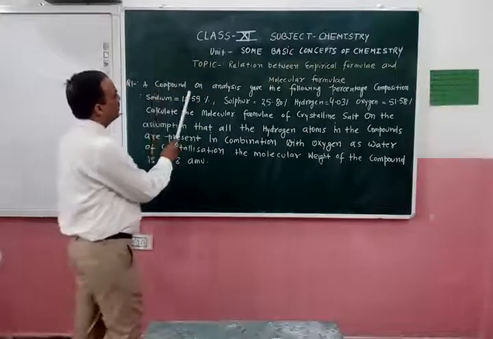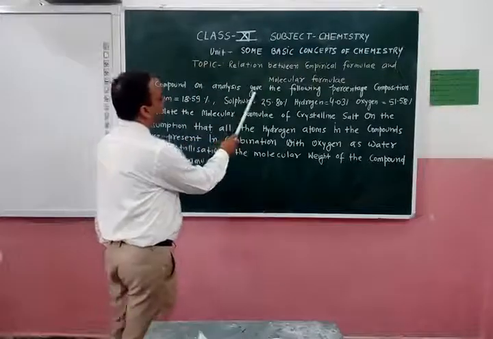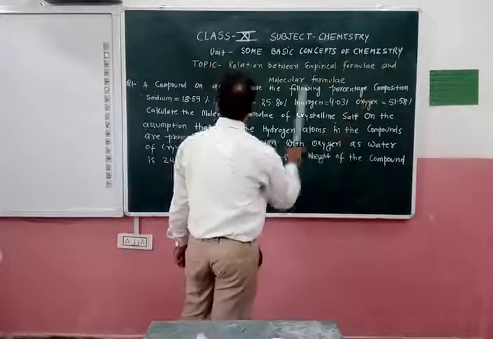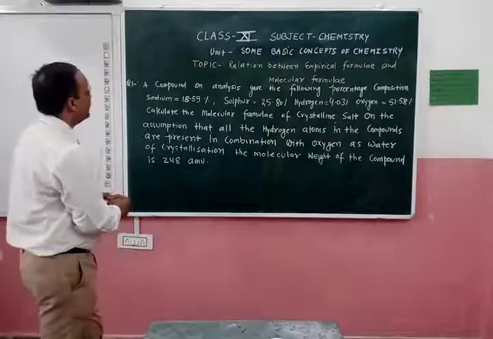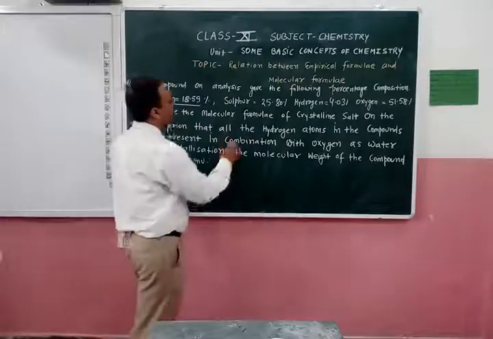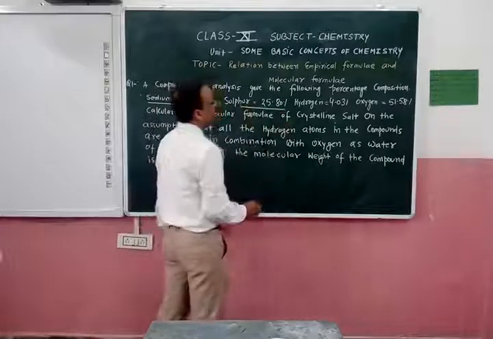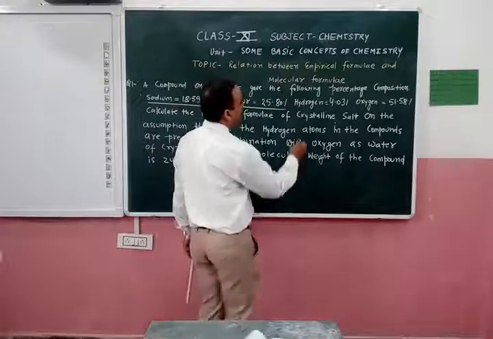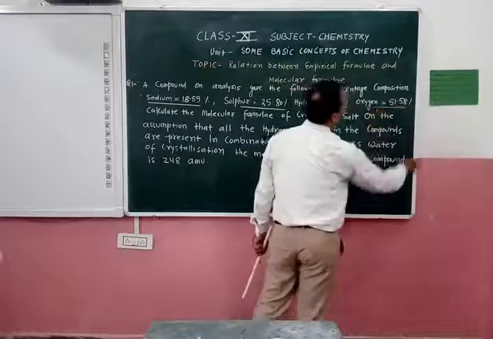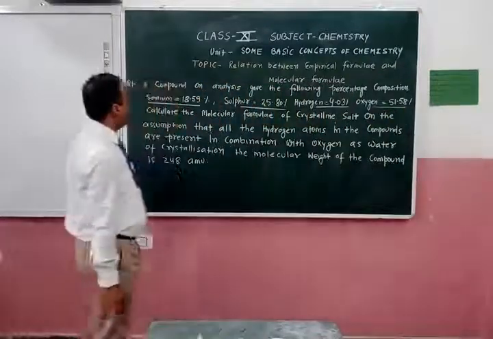A compound on analysis gives the following percentage composition: sodium 18.59%, sulfur 25.8%, hydrogen 4.03%, oxygen 51.58%.